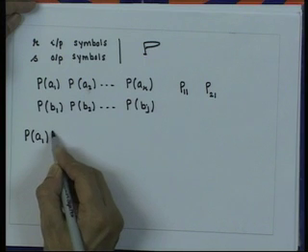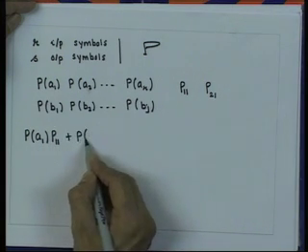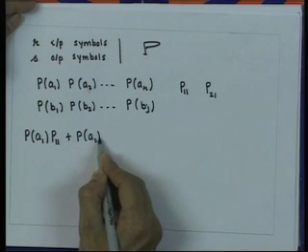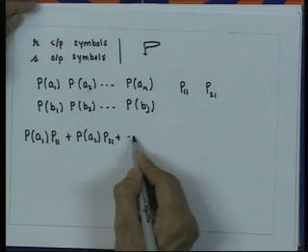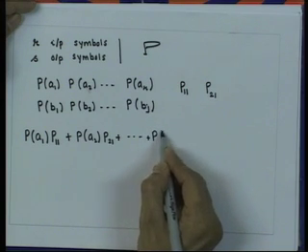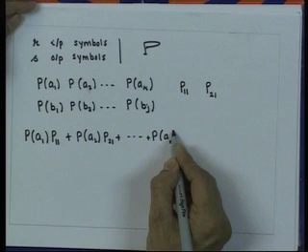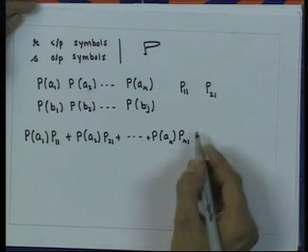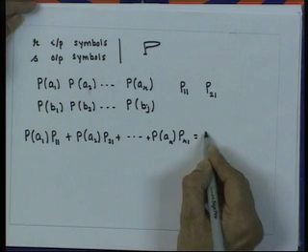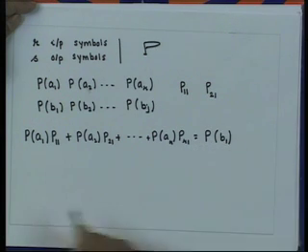Therefore, we can write probability of A1 P11 plus probability of A2 P21 plus up to probability of AR PR1, this will be equal to probability of B1.